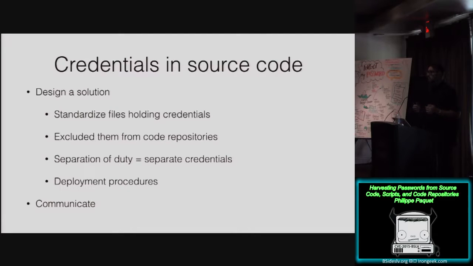You should also consider that you want separation of duty with separation of credential. If you're developing with your production credential, that is a really large problem. Development should happen with development credential. Then you move your application to QA and use QA credential. You move it to production with production credential.